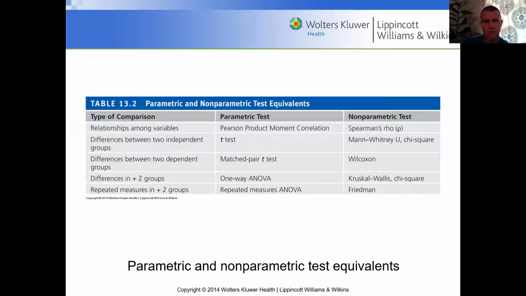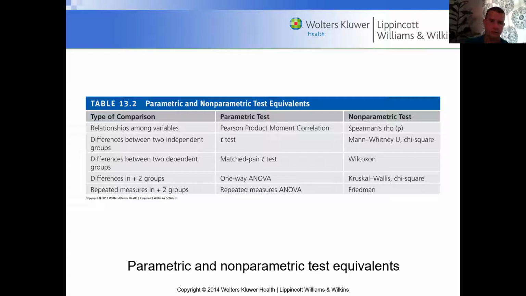So the types of comparisons. When we're looking at relationships amongst variables, if we're doing a parametric statistical test, we'll use the Pearson product moment correlation. If it's non-parametric, we'll use Spearman's rho. Difference between two independent groups, parametric would be the t-test, non-parametric would be a Mann-Whitney U or a chi-square.